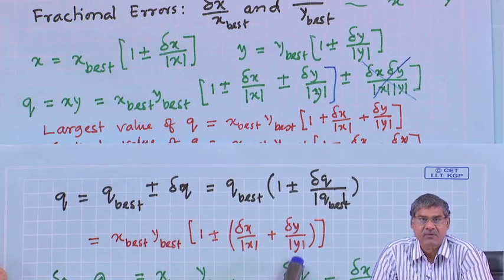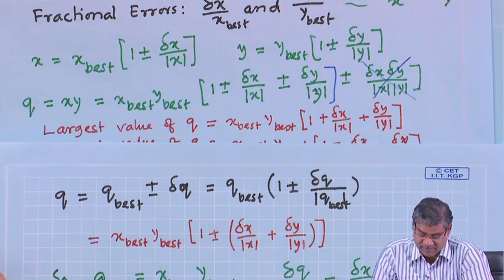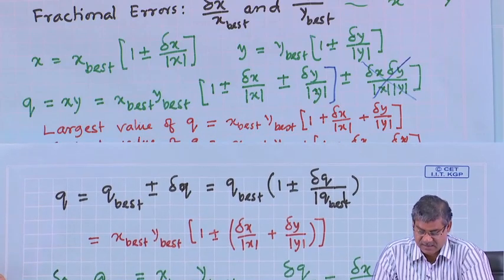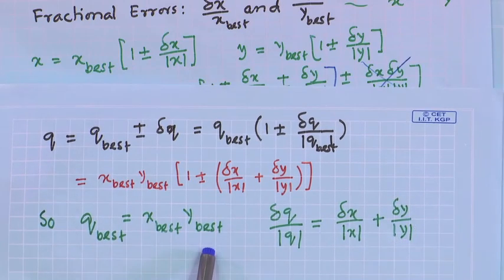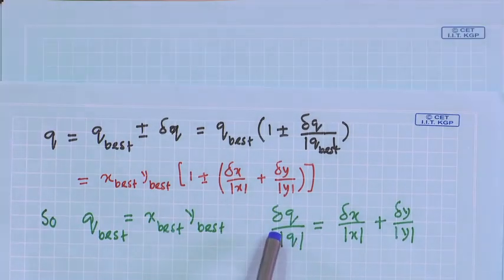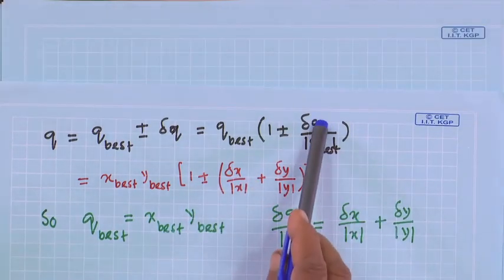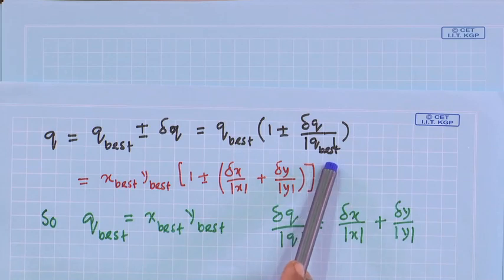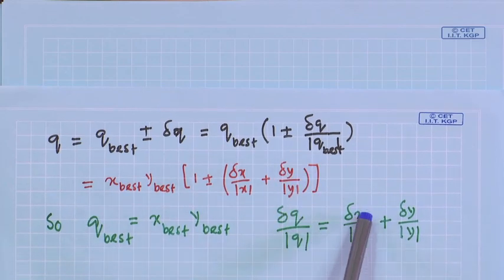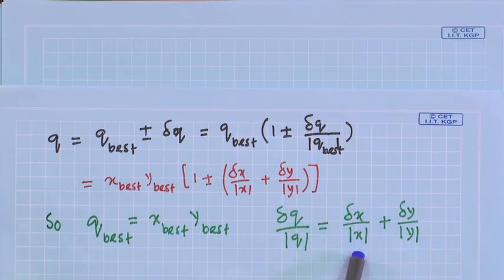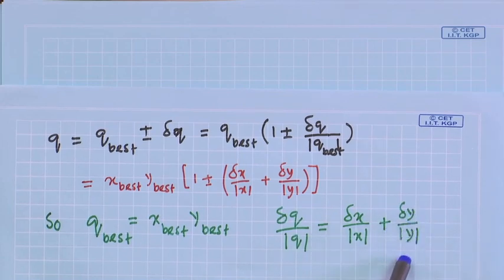So if you compare, then q best equal to x best y best, and delta q by q best, that we generally write as mod q, will be equal to del x by x plus del y by y. In this case what are we seeing?